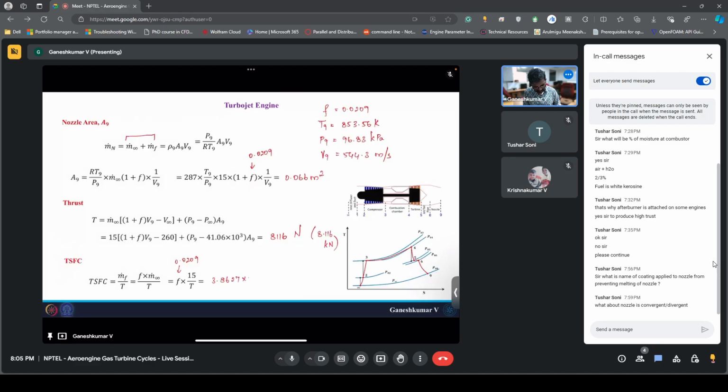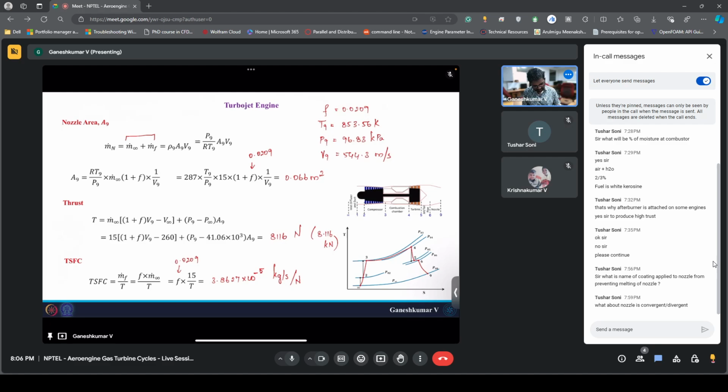Once you substitute these numbers, you will end up having TSFC to be 3.8627 into 10 power minus 5 kilograms per second per Newton. We can actually change this into kilograms per hour. If you want to write it in terms of kilograms per hour, what will you do? You just need to multiply it by a factor, which would be 3600, because in 1 hour we have 3600 seconds.